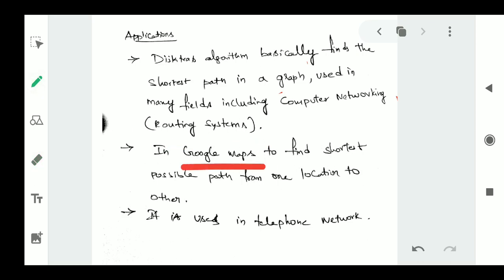In Google Maps, we find the shortest path from one place to another, so Google Maps is also an application area. Another area is the telephone network.